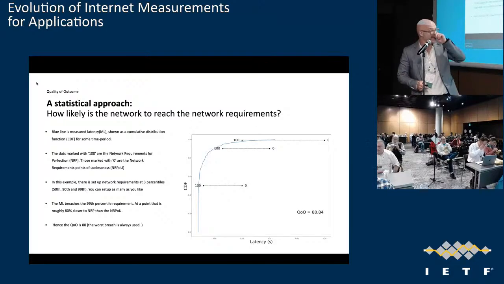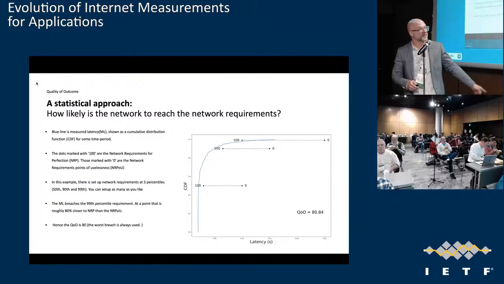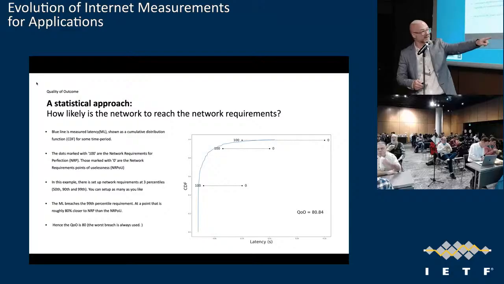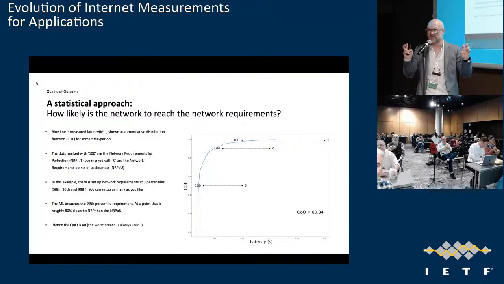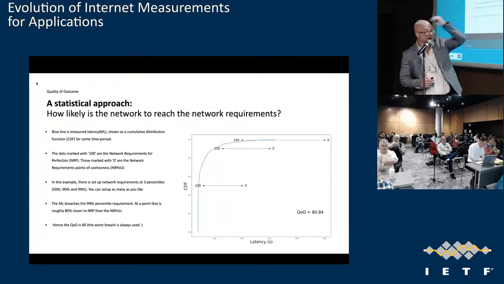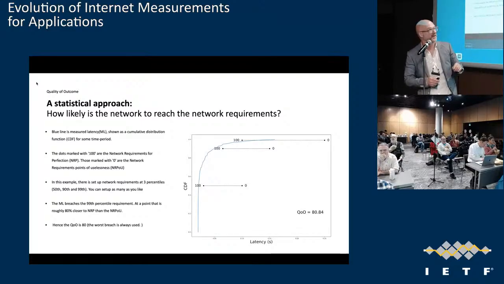And then basically, in this example, the blue line is the cumulative distribution function. We clear the 100%. So the 100 is the probability that this is flawless, and the 0 is the probability that this is completely useless. So as you watch this curve go up, wherever that intersects, so right here it's intersecting at about the 80% mark at the 99th percentile.